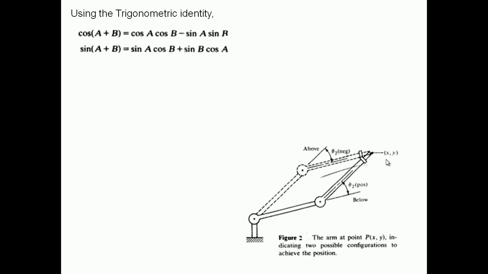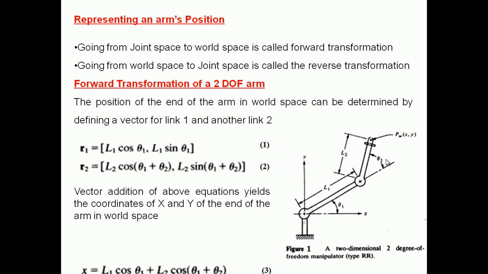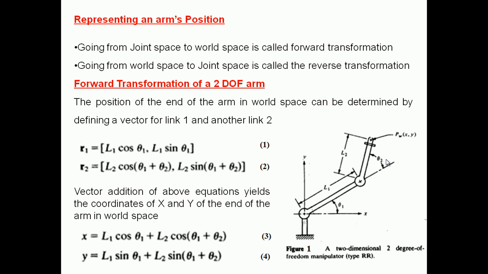So take the schematic representation. Based on that, we can write equations 3 and 4. Equations 3 and 4 are: x is equal to L1 cos theta 1 plus L2 cos(theta 1 plus theta 2), y is equal to L1 sin theta 1 plus L2 sin(theta 1 plus theta 2).